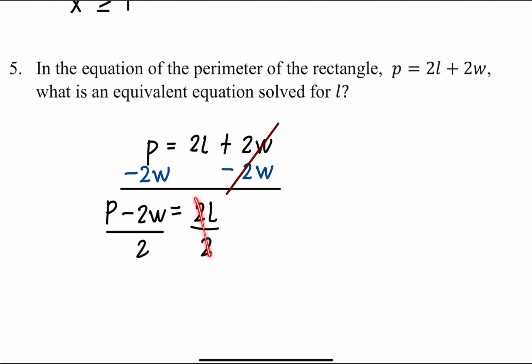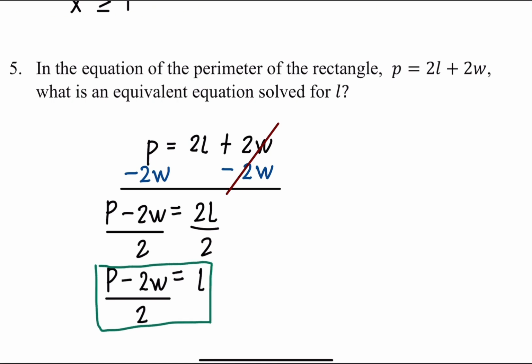So 2 divided by 2 is simply 1, or L, and we have (P minus 2W) all over 2. So this is the equation solved for L.